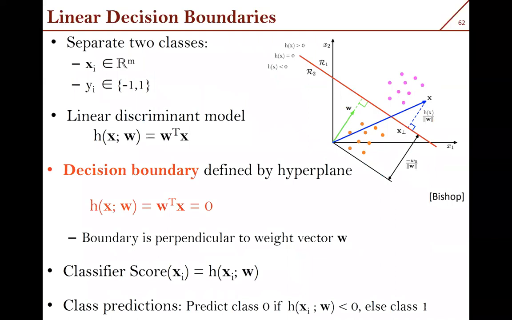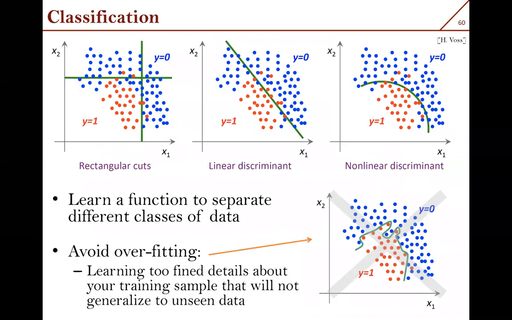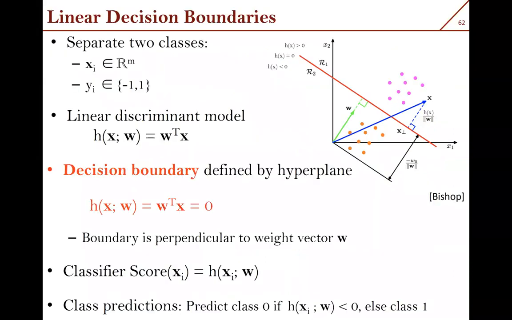So now we go into a little bit of the underlying principles behind this classification scheme. What we saw here is described in mathematical terms: the decision boundary is defined by this expression here.